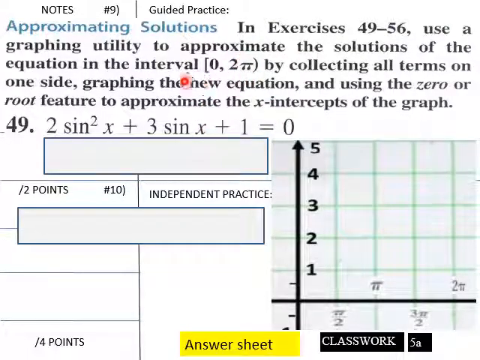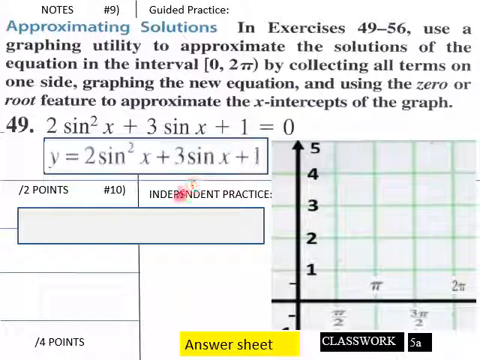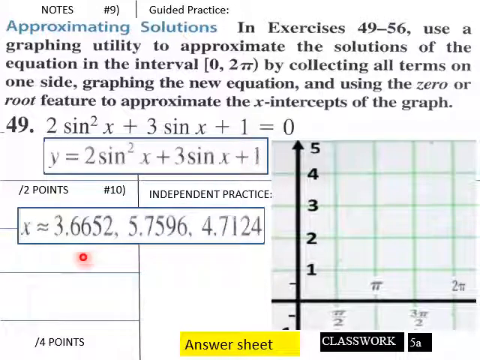Let's try one now in the interval of 0 to 2 pi. We've already done the collecting alternatives, so let's solve this one and then graph it to check our calculations. For this one, y equals 2 sine squared x plus 3 sine x plus 1. In this case, x would equal 3.6652.